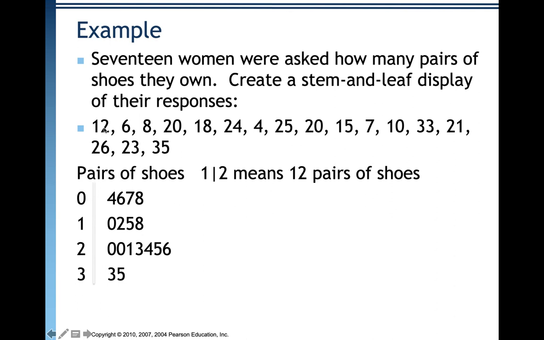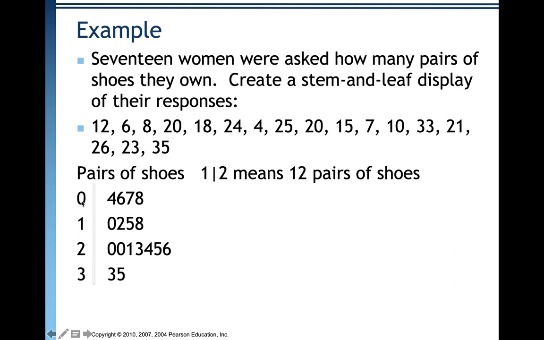So notice that since you have some values with just one digit, we're going to put 0 for the tens digit for those observations. Then we go through and look for all the single digit observations, and we go from least to greatest: 4, 6, 7, 8.